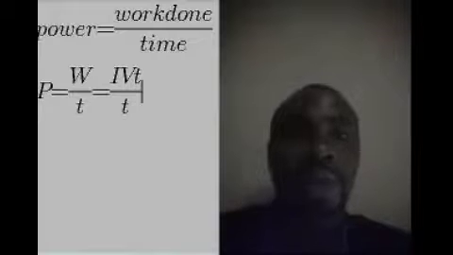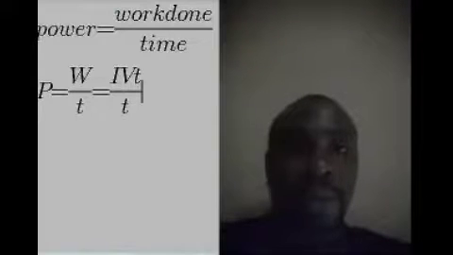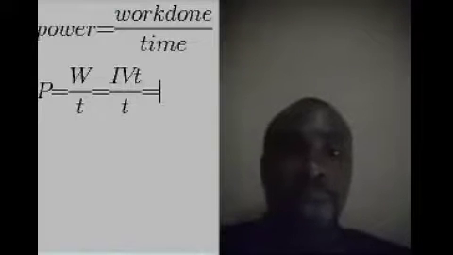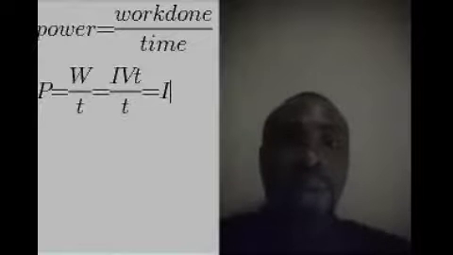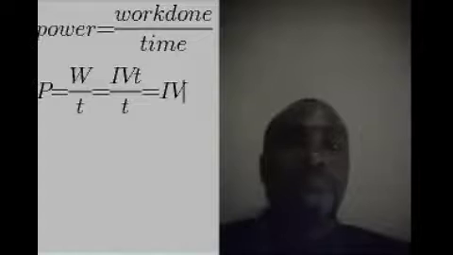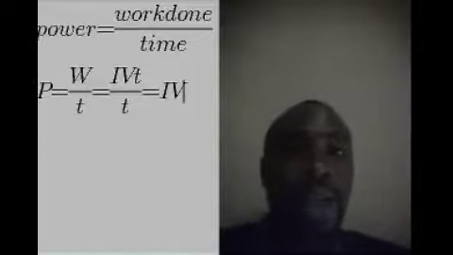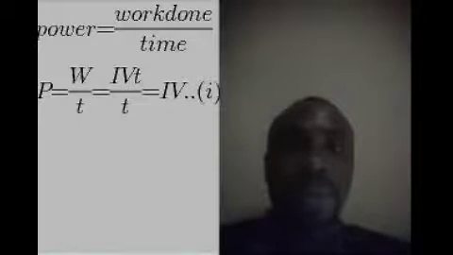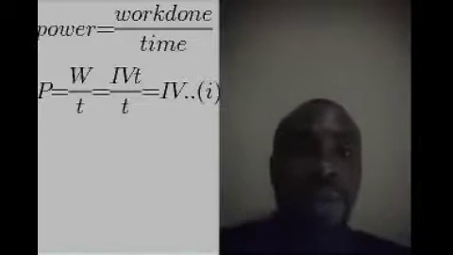And we divide it by T. Doing that, the upper T will cancel the lower T. We now have power is equal to IV. We could call that equation 1. Okay? That's our equation 1.